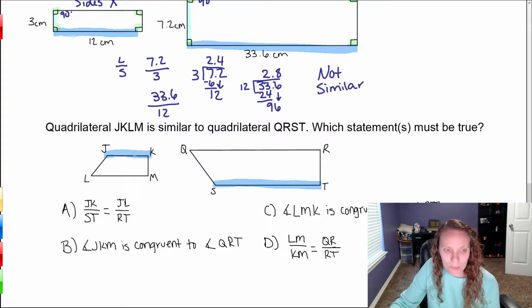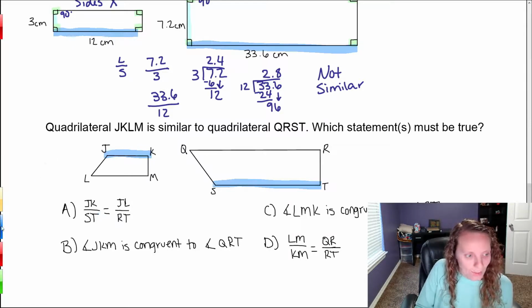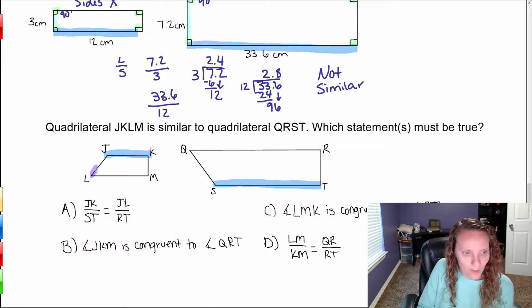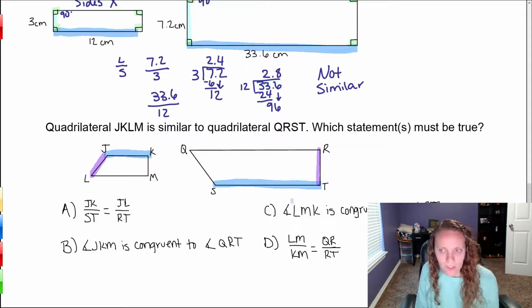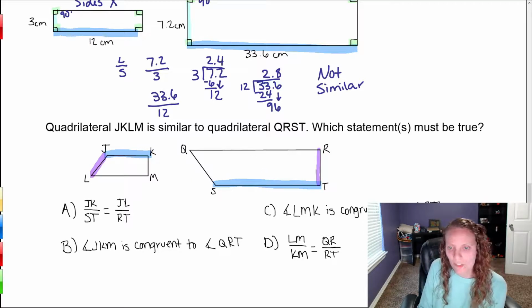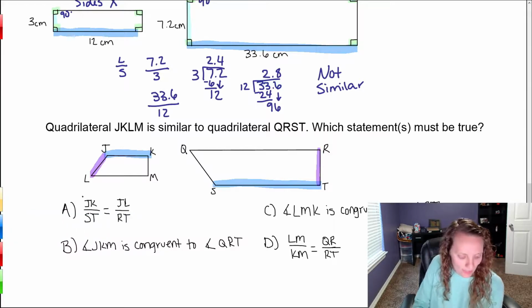So since it's upside down, JK is upside down from ST. So that part works out. Now JL, I'm going to get a different color highlighter. JL, back to the smaller shape, and RT. Let's see. So this one's on a diagonal part, and this one's on the up and down part. So those do not match up. So letter A is false.